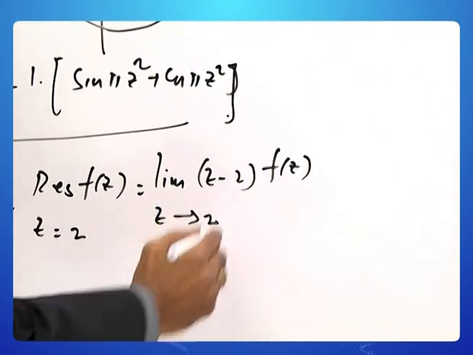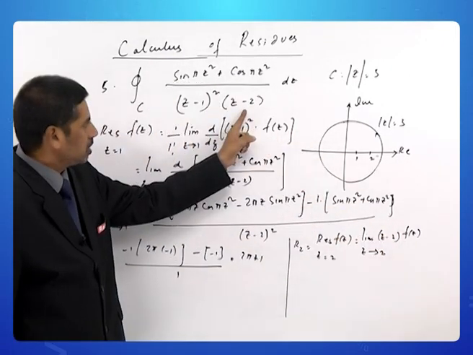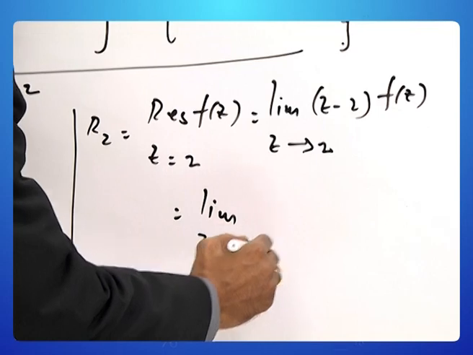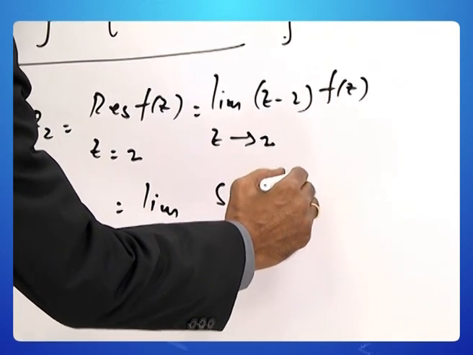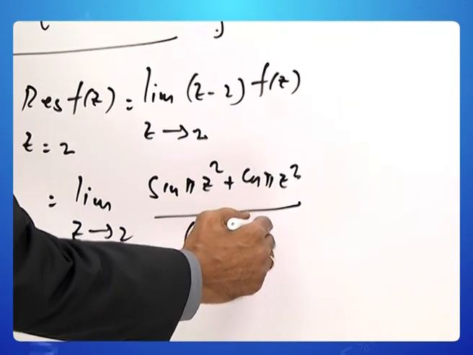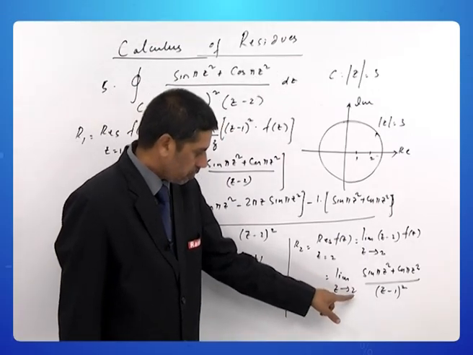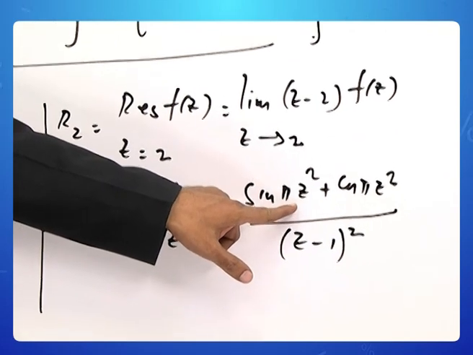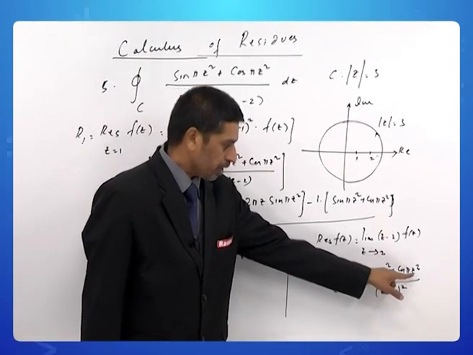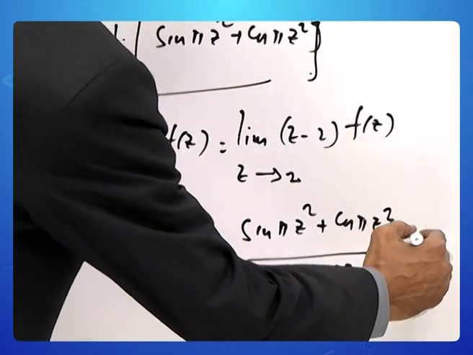So, when f of z is substituted here, z minus 2 will get cancelled and you will be left with limit z tends to 2 of (sin pi z squared plus cos pi z squared) by (z minus 1) whole squared. So, straight substitution, when z is equal to 2, this becomes sin 4 pi, but sin n pi is always 0, therefore, this becomes 0, but this becomes cos 4 pi is 1, by (2 minus 1) whole squared. So, this is going to be just 1.